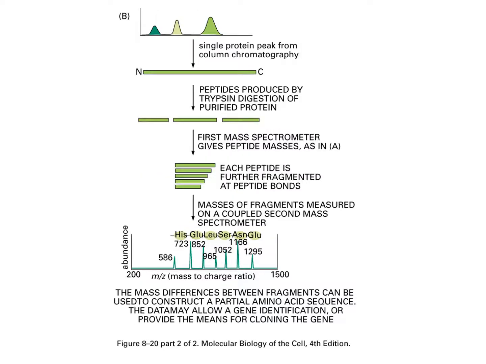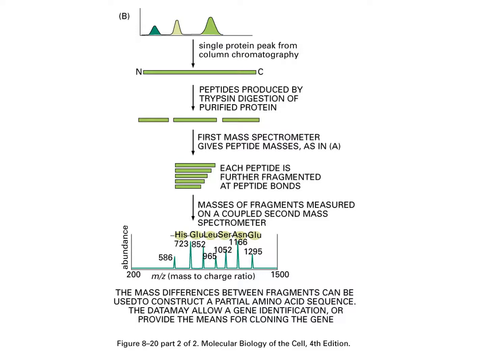And again, here's the peaks, here's the trypsination, and then the fragments can actually even be figured out as to what amino acids are in each fraction. The mass differences between fractions can construct a partial amino acid sequence, and that allows you to look in the database as well to go and find the gene.